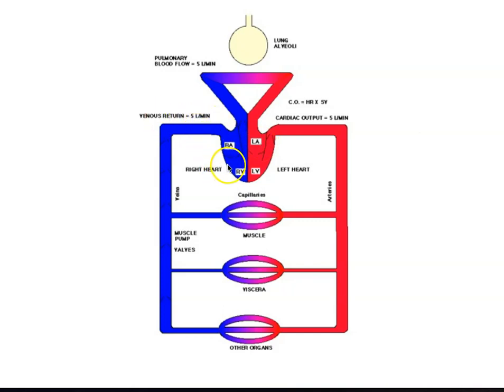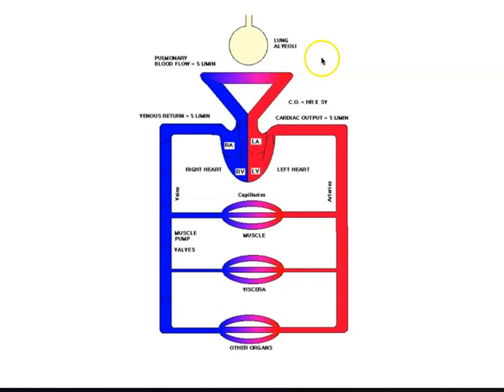The job of the right heart is to receive all your deoxygenated blood, the used up blood from your body. It's going to receive it, and the right heart is going to pump it out to your lungs. Now, in the lungs, you're going to get rid of that CO2, and you're going to get O2, and you're going to bring that oxygenated blood, the O2-rich blood, back to the left heart.